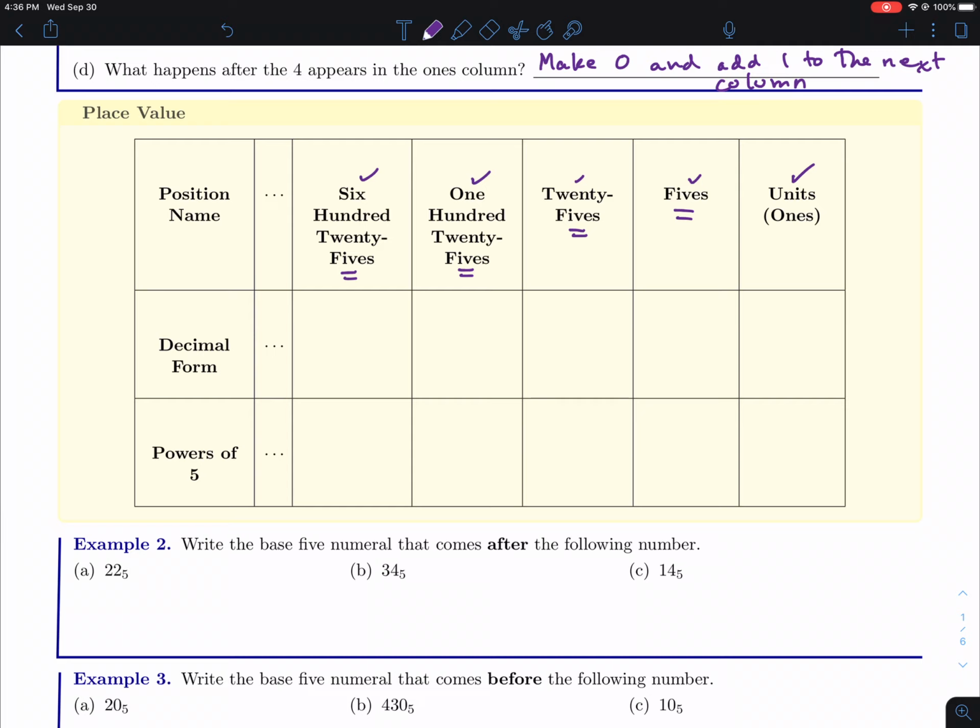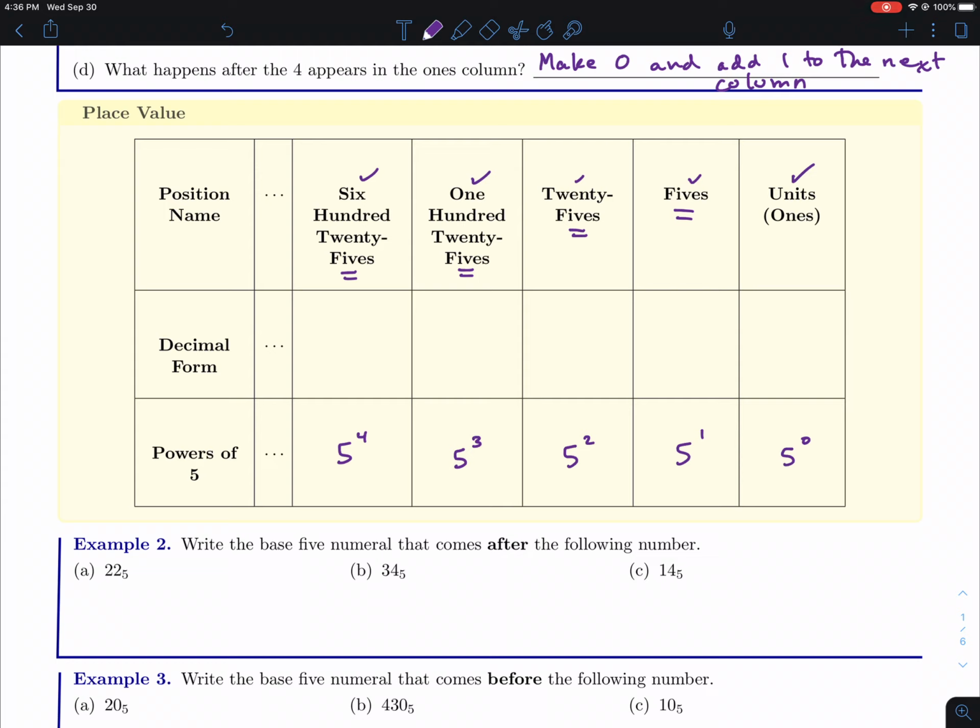If I were to write these in powers of 5, for example, then I would get 5 to the 0, 5 to the 1, 5 to the 2, 5 to the 3, and 5 to the 4 for each of these.